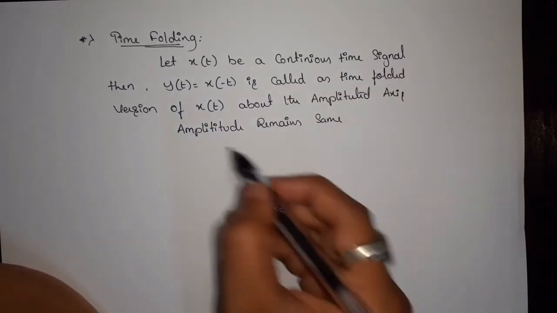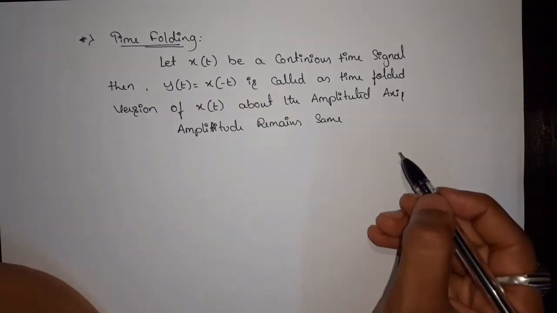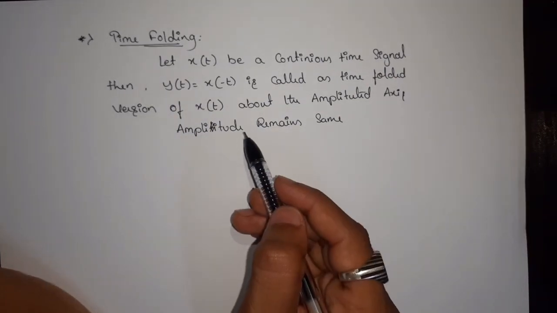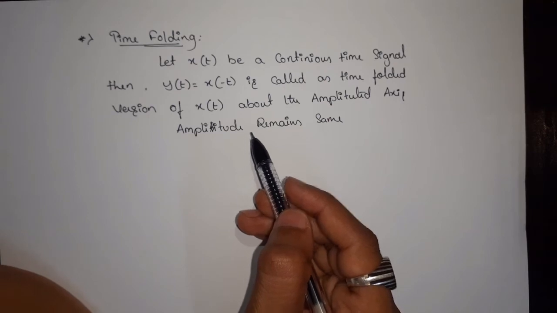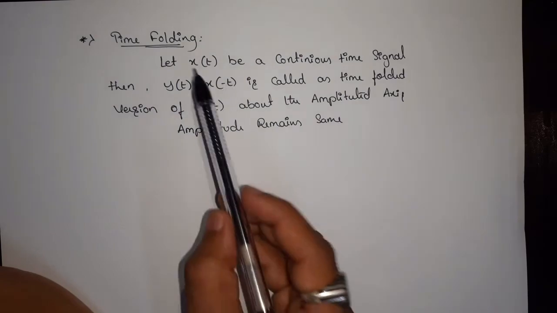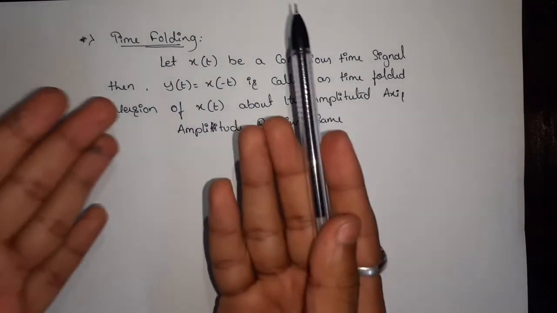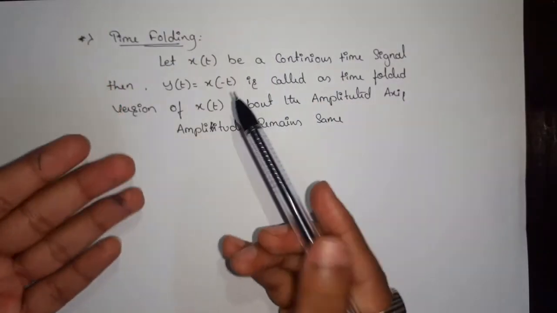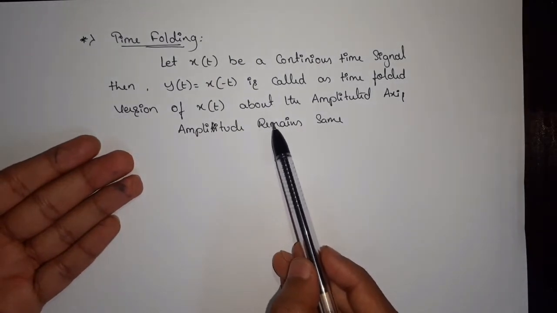Even in the previous one, advancing or delaying, amplitude remains the same. Here also in time folding, the amplitude remains the same. The only thing is the signal is folded with respect to the amplitude axis.